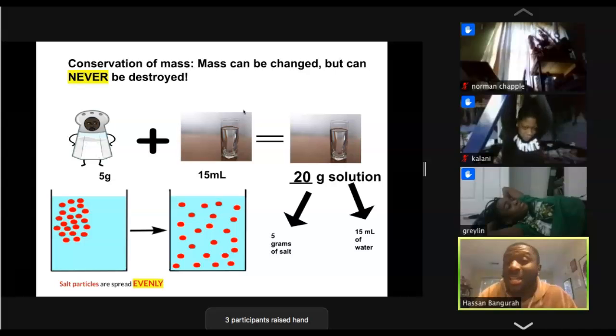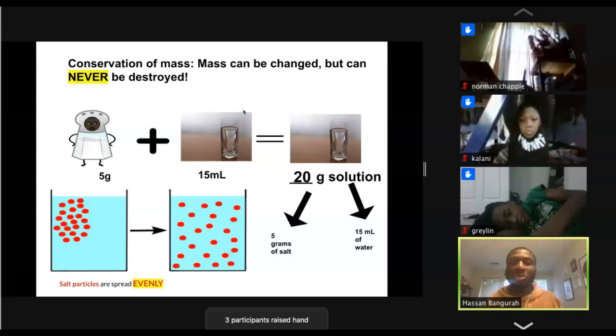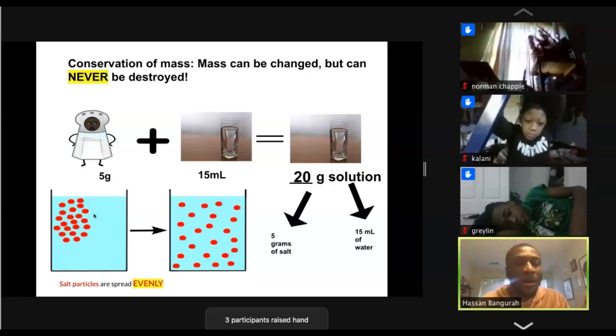Yes, it's the exact same. That is conservation of mass. You can change the shape or the form of it, but it's still the same amount of particles. Notice how I didn't count each particle, but it's the same amount, just spread out evenly in this picture.